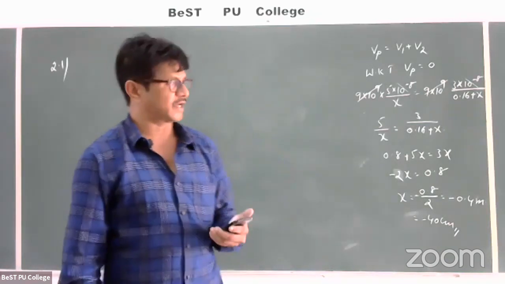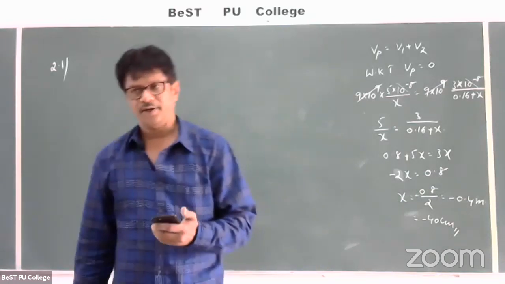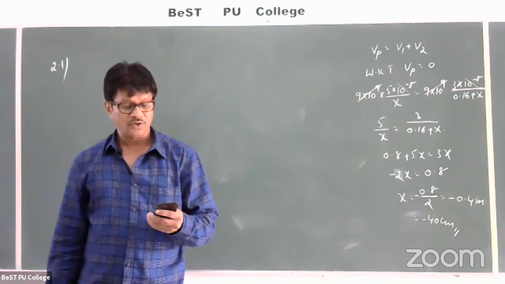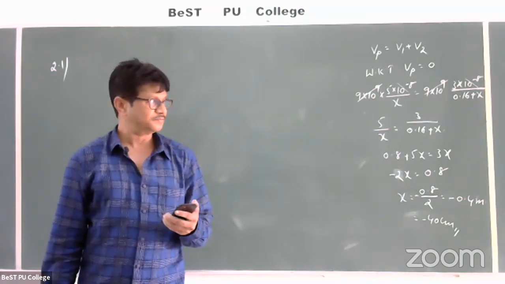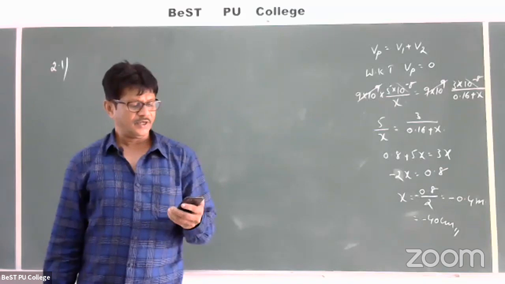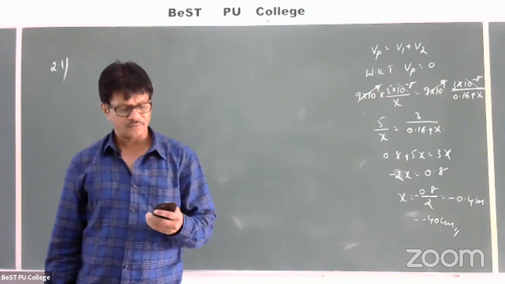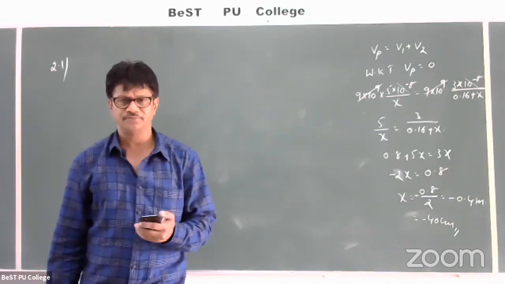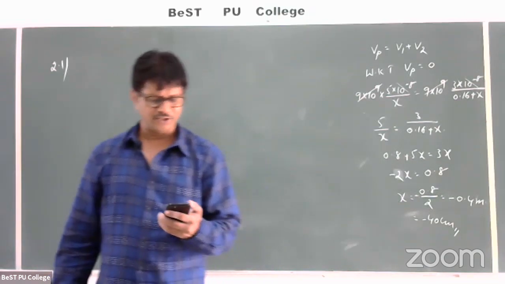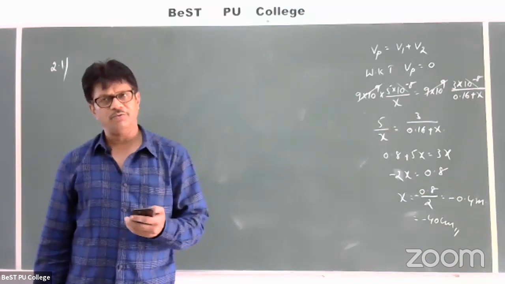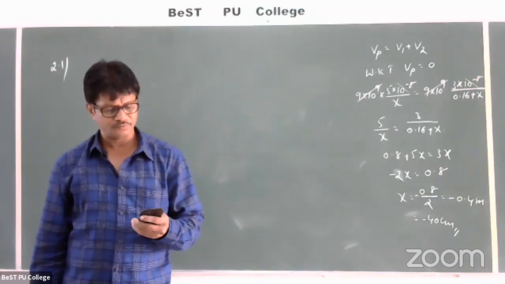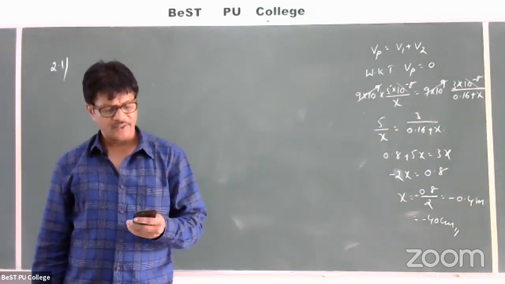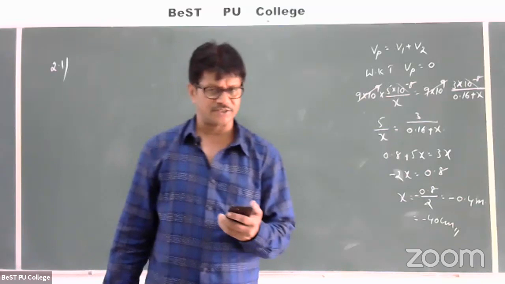A regular hexagon of side 10 centimeter has a charge 5 microcoulomb at each of its vertices.